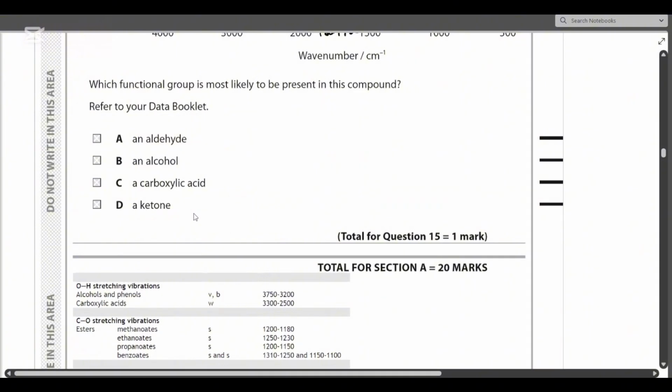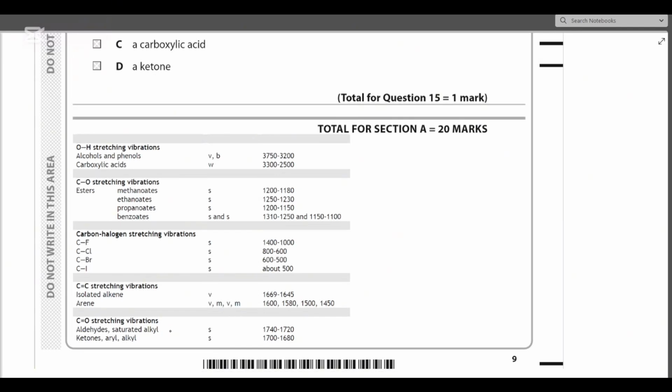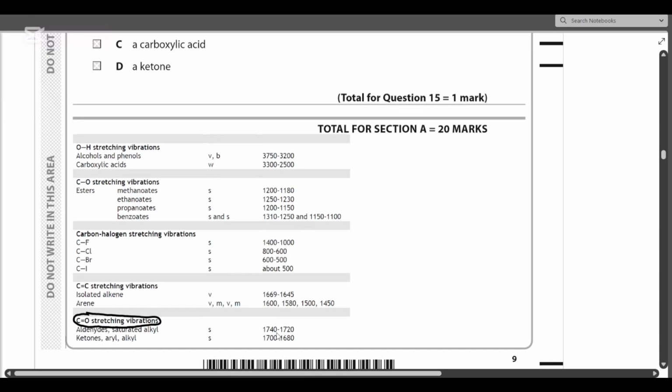Well, we need to check what is there between 1600 and 1800. We can clearly see that it is the carbonyl group, which provides these stretching vibrations between 1600 to 1714 or 1700 to 1800.